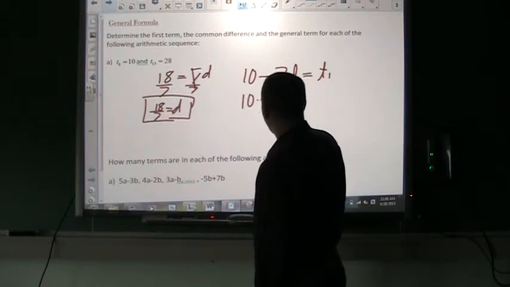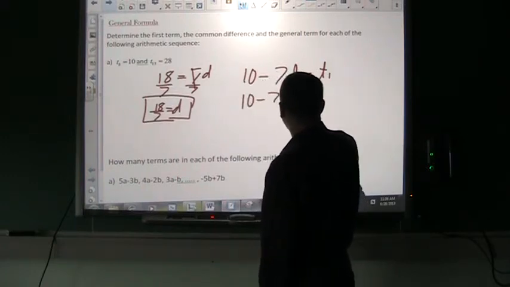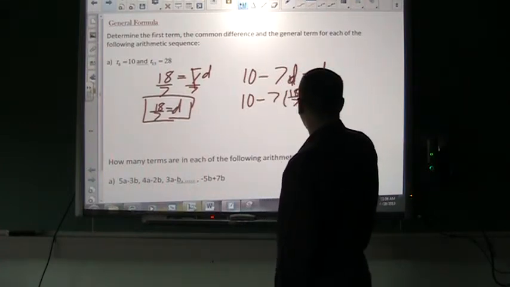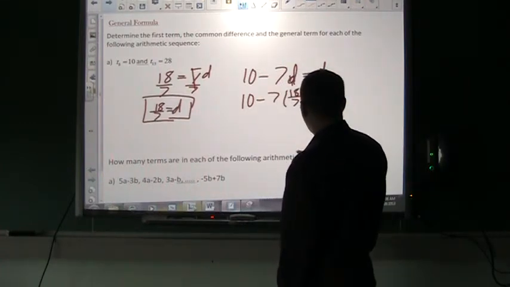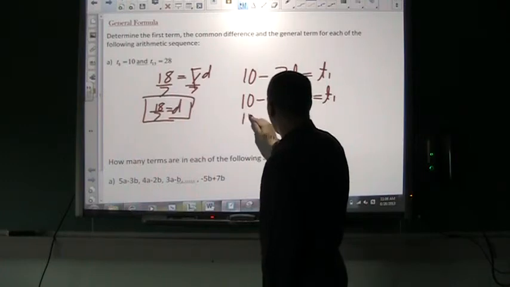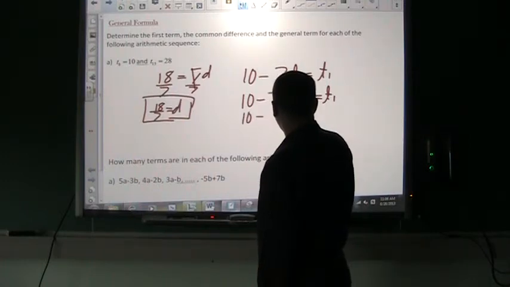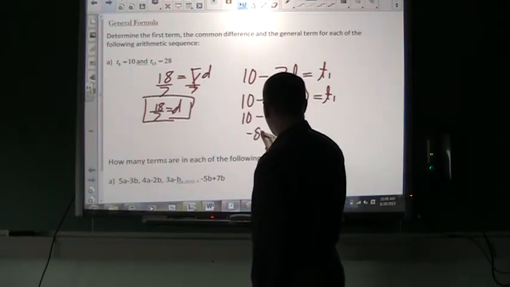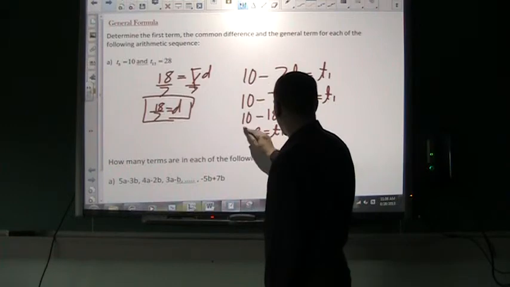So I can go 10 minus 7 times 18 over 7, notice the numbers work nicely here, equals T1. So I get 10 minus, these cancel out, 18 is equal to T1. So negative 8 is equal to T1.